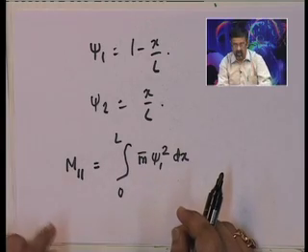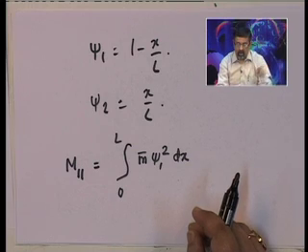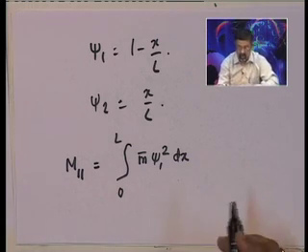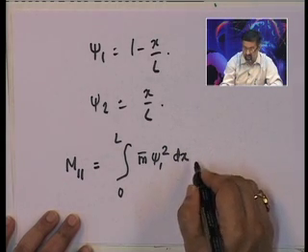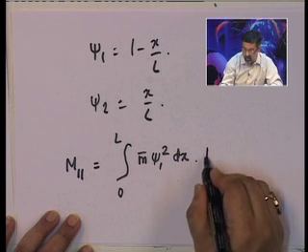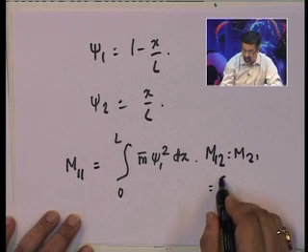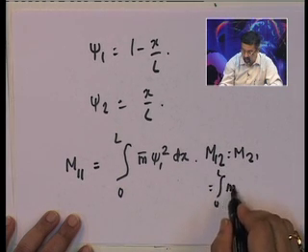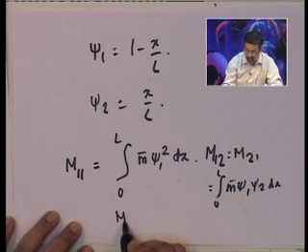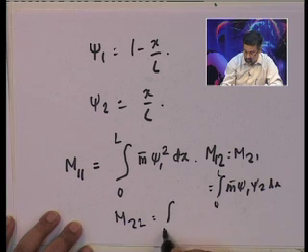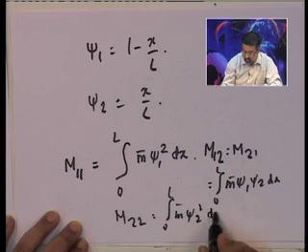Look back and you will see that M11 in the first equation was m bar xi1 squared. And then if I look at M12 and M21, it's going to be the integral from 0 to L of m bar xi1 xi2 dx, and M22 is equal to the integral from 0 to L of m bar xi2 squared dx.